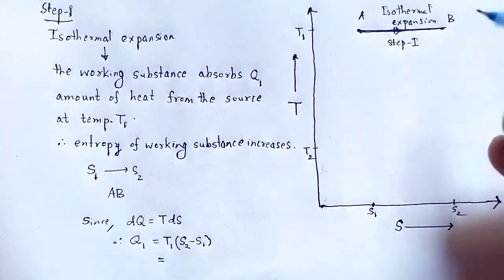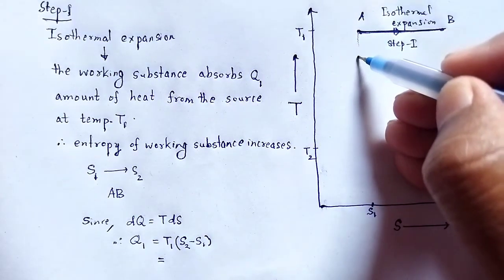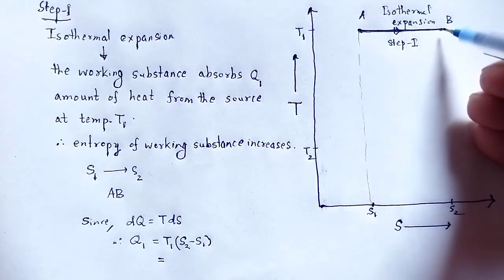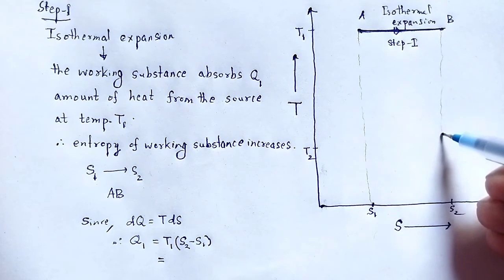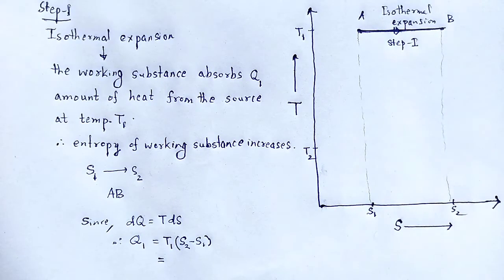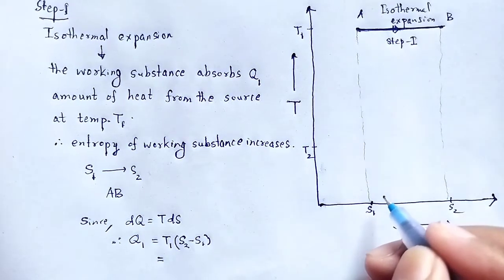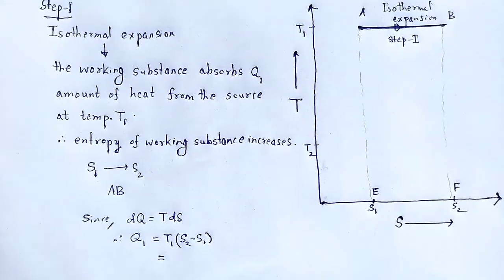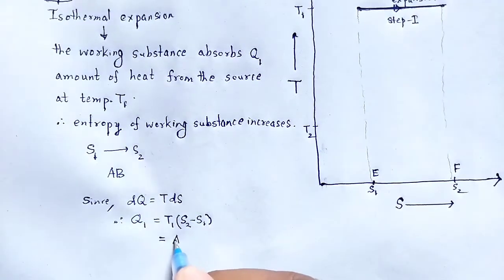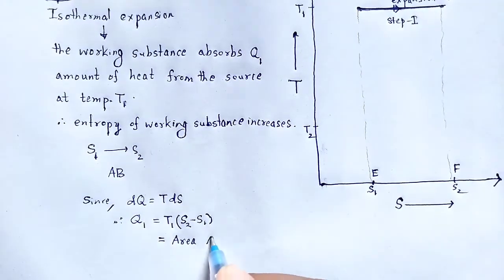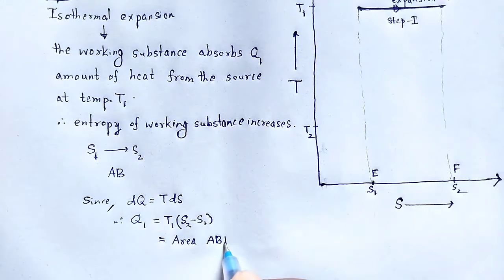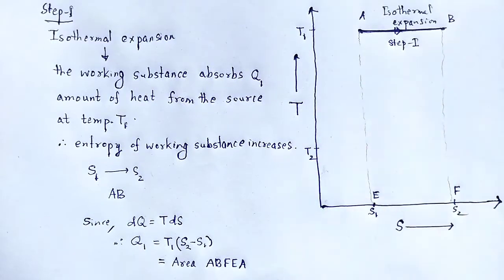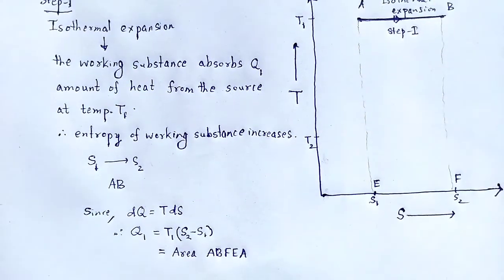If I draw the lines here, the area of A, B, F, E, A, the area under AB, is the amount of Q1.